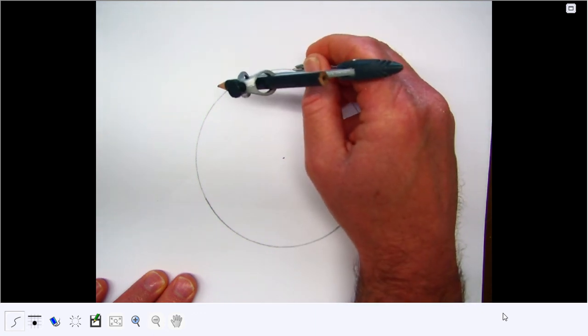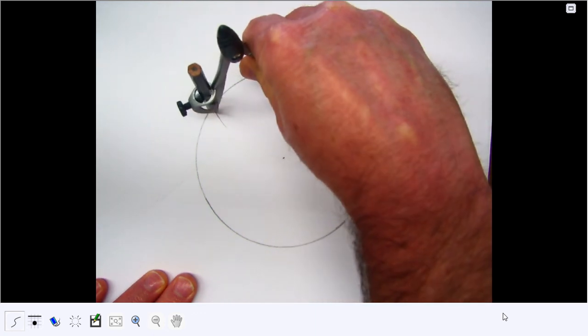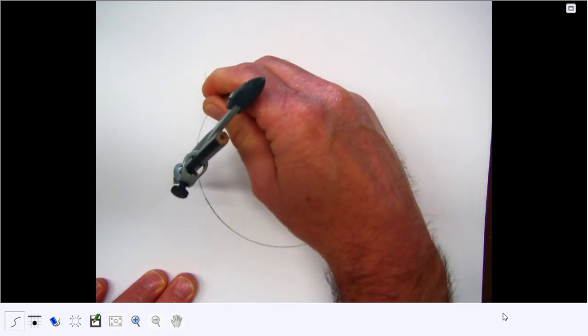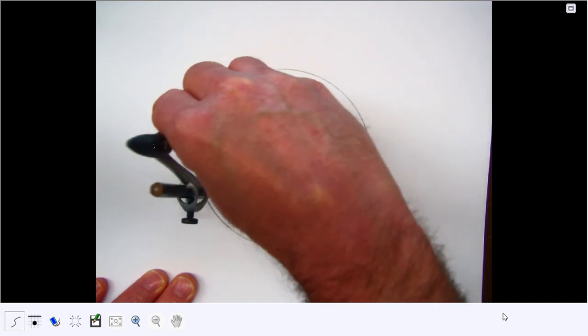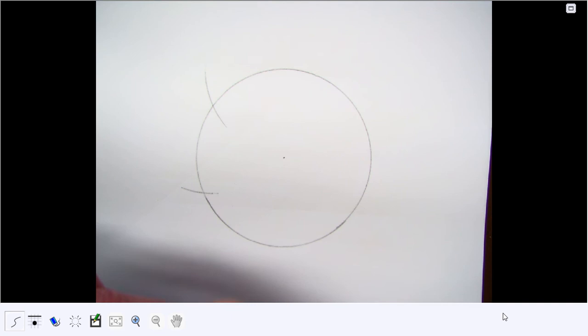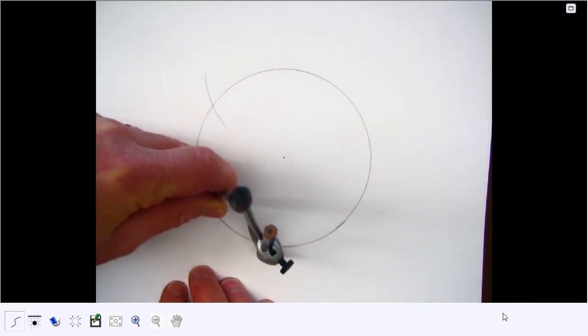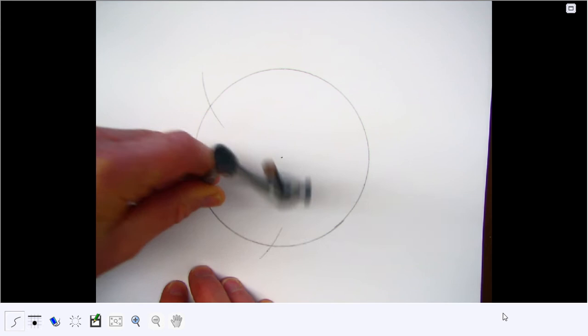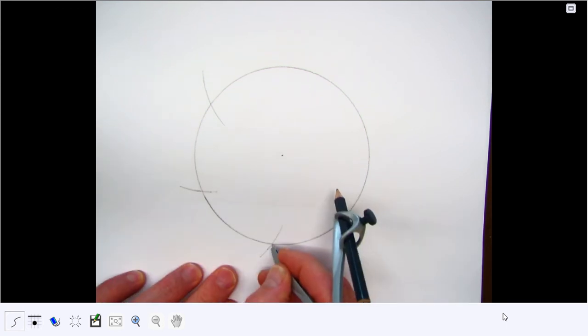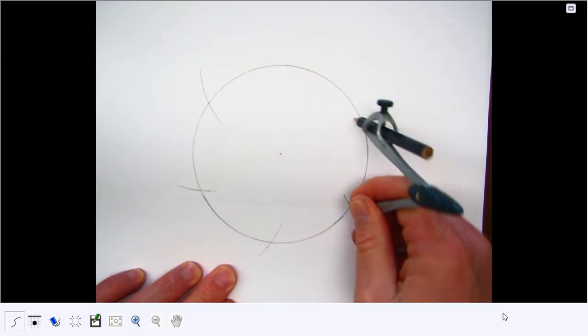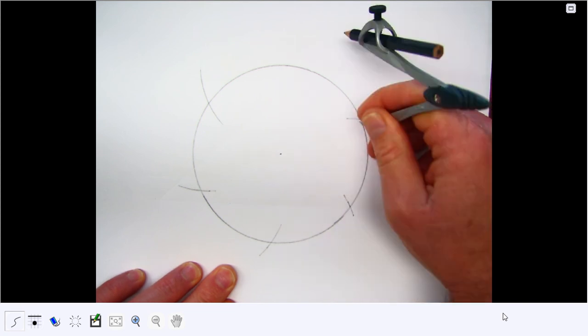So I take this, and for a hexagon, I start at some point out there and draw it, and each time an arc intersects the circle, with the distance of the compass being the radius, it is going to produce something very cool. And you can see what I'm doing here.